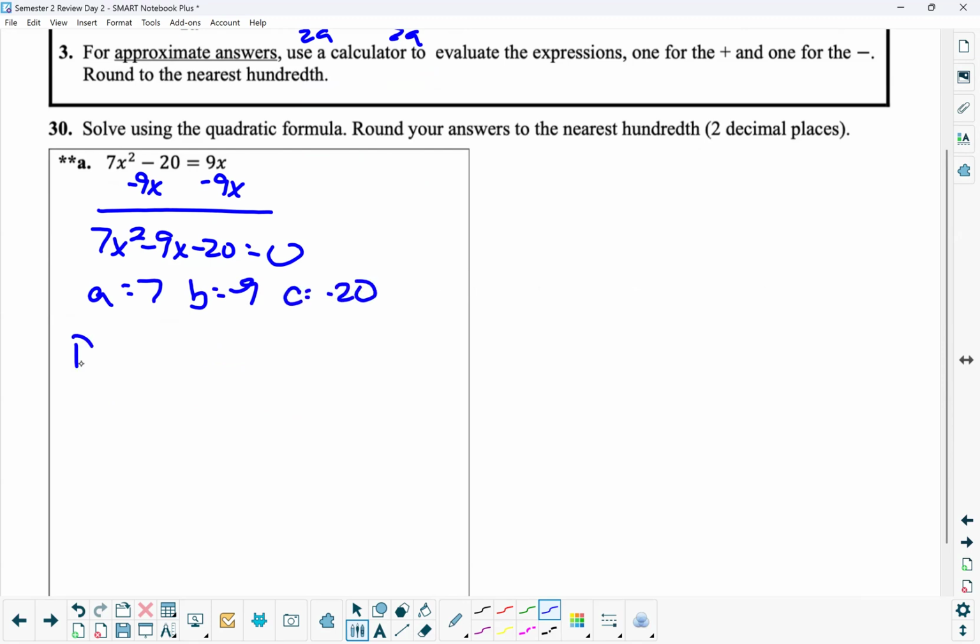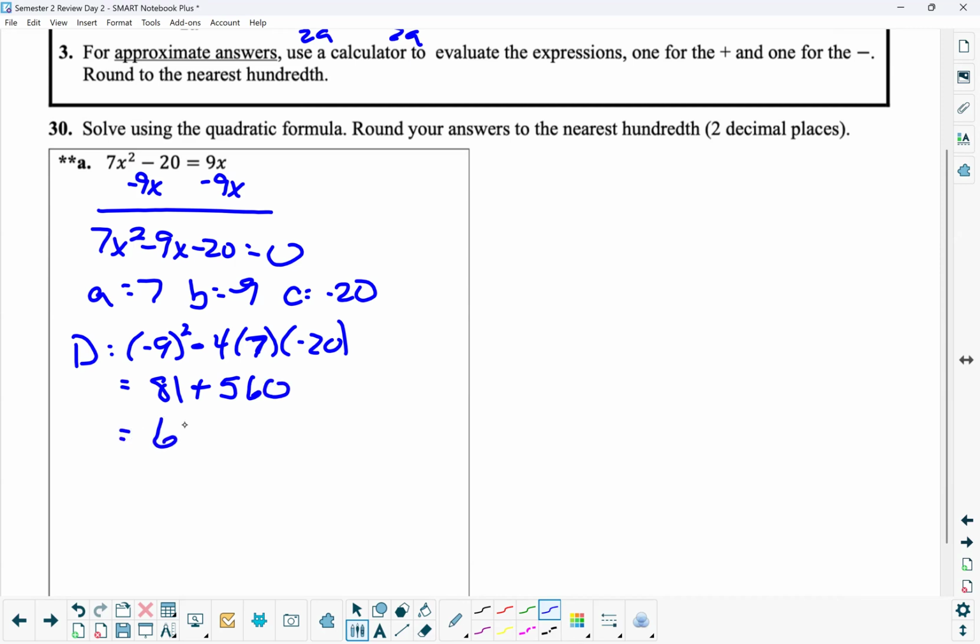So my discriminant, negative 9 squared minus 4 times A times C. Negative 9 squared is 81. 4 times 7 is 28, times negative 20 makes this plus 560.